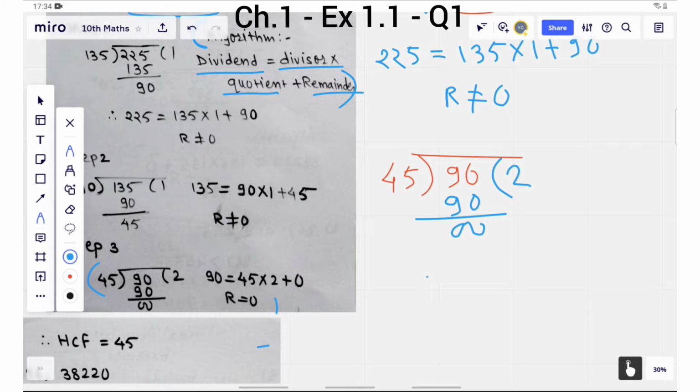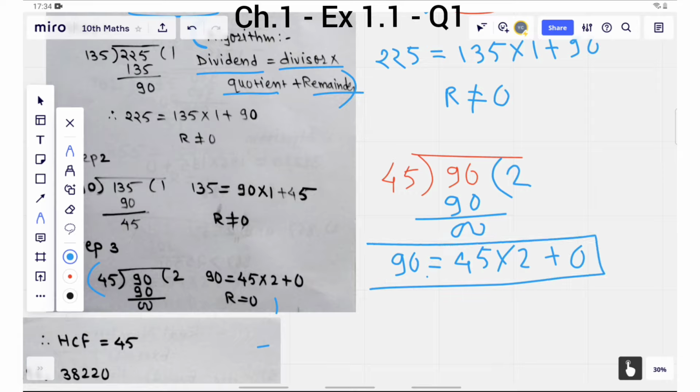And again we will write the algorithm. Dividend is equal to divisor into quotient plus remainder, and in this step we got the remainder as 0.